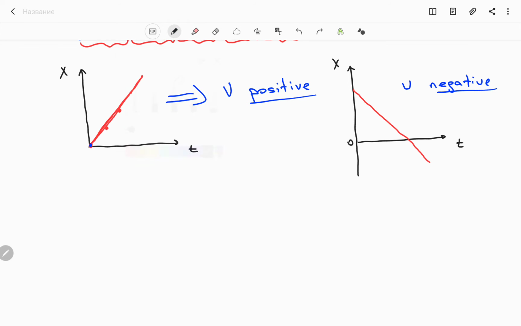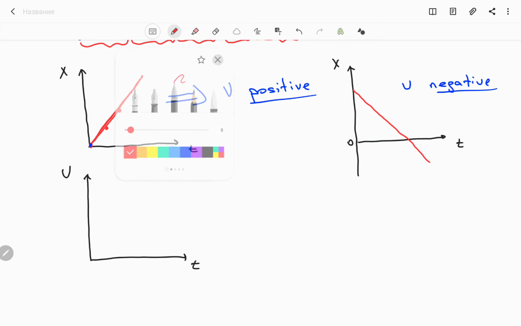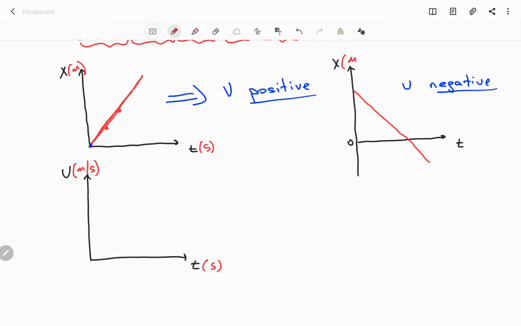For example, the velocity-time graph. VT, shortly we say. Time, velocity. Of course, time can be in hours, in seconds. Velocity can be in kilometers per hour, meters per second. So here, let's say seconds and meters per second.